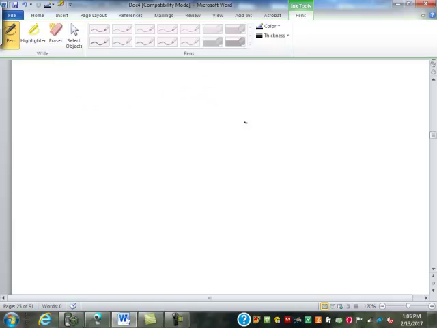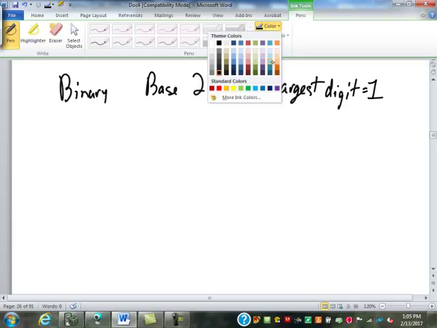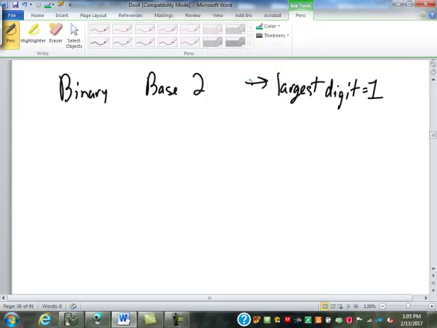Binary is, of course, base 2, which means the largest digit is 1. It's used in electronics because it's either a 1 or a 0, on or off.